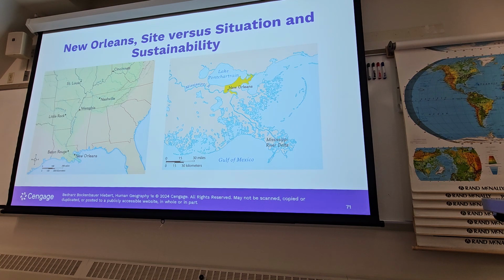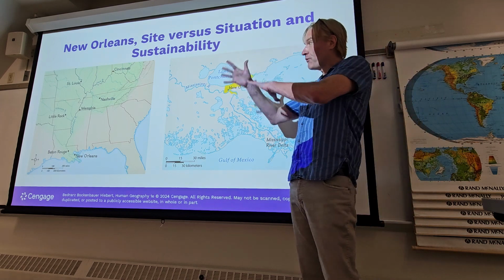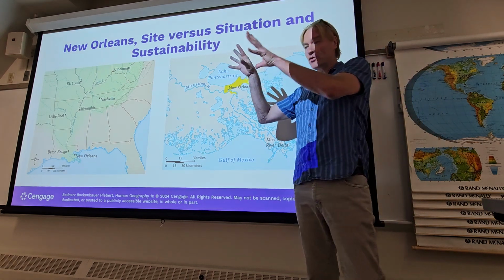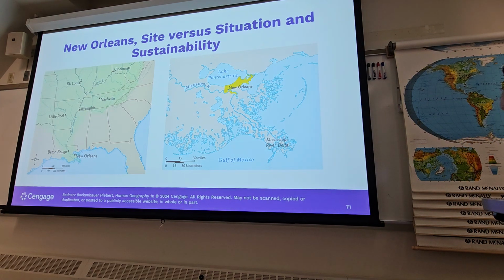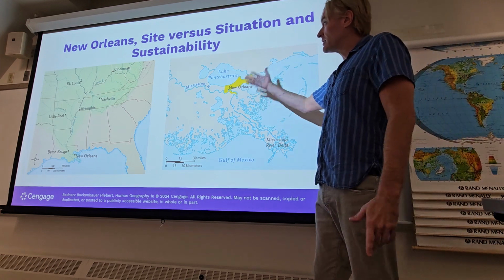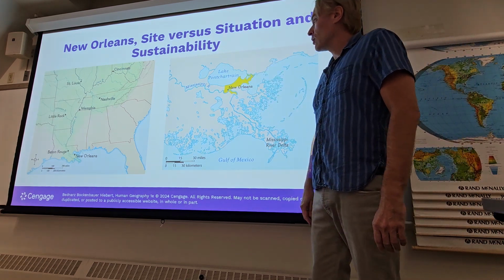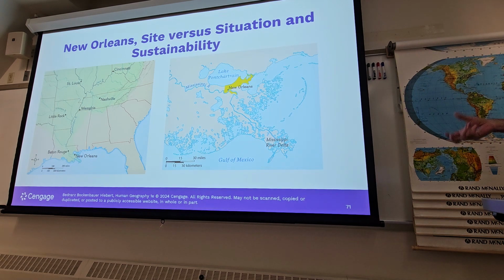The map on the left just shows basically the watershed. The watershed being all of the rain and precipitation that happens in that green area all eventually comes down to the Mississippi and here to this delta. A delta is, as rivers move, they have kinetic energy and they pick up stuff.